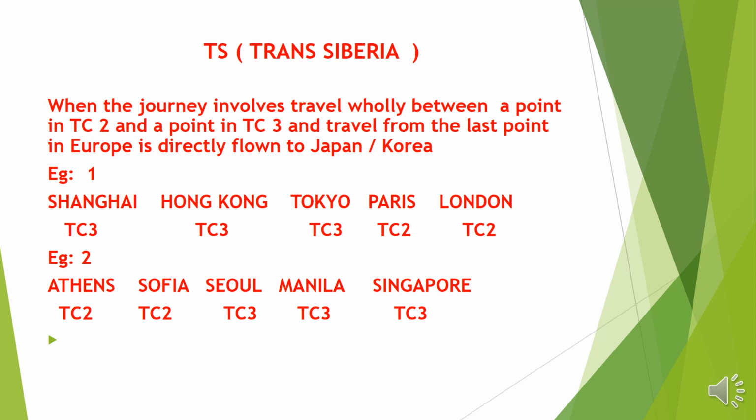And on this journey, you have Japan on the journey, Tokyo. And after Japan, the next city is Paris, which is in Europe. So from Japan, the passenger flies directly to a point in Europe. Hence, this is termed as Trans-Siberian.